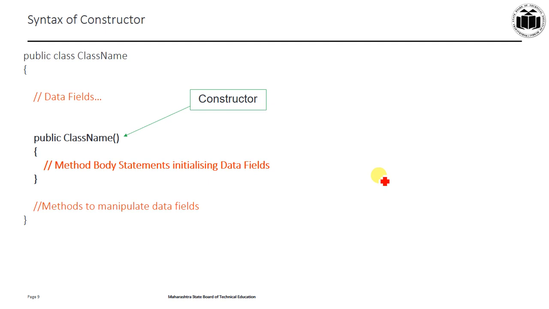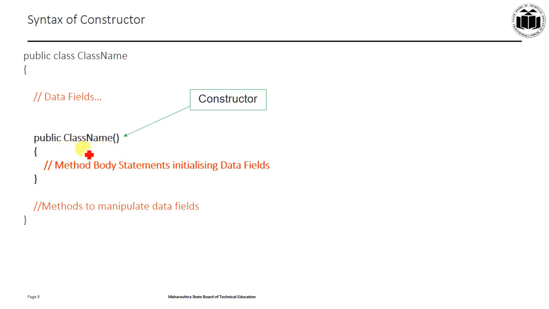As we know, a constructor has the same name as the class name and doesn't have any return type. So here we have created one class, the name of the class is class name, and here we have created one constructor. The name of the class is the same as the constructor name.